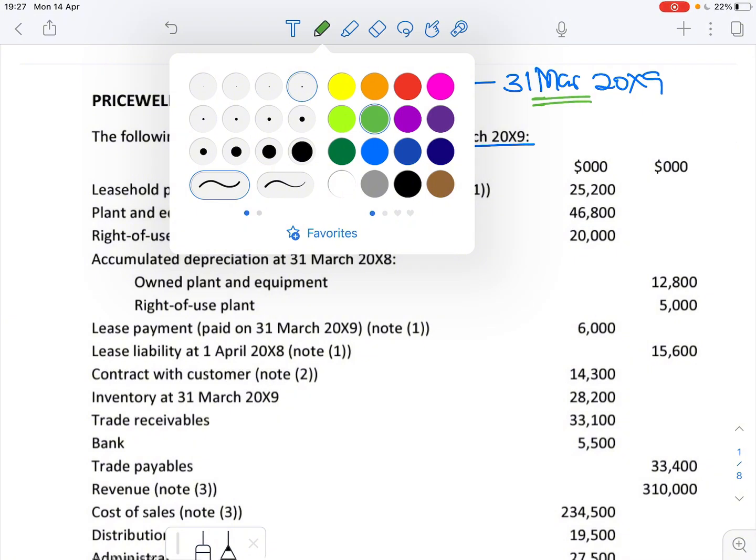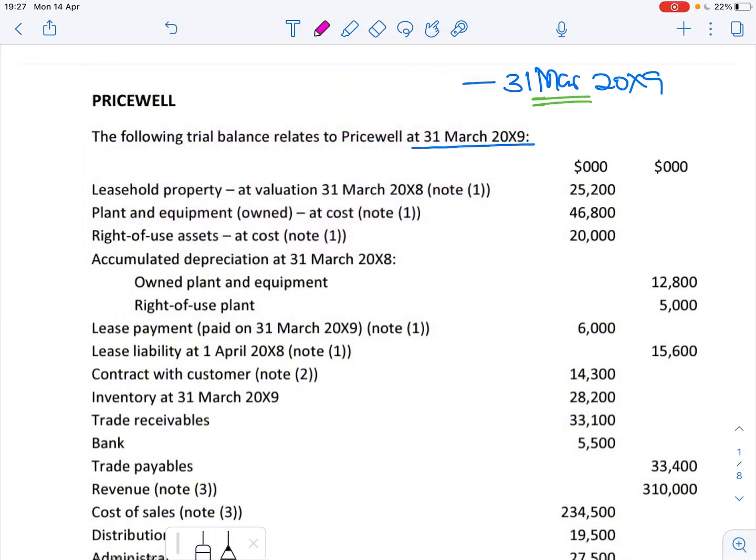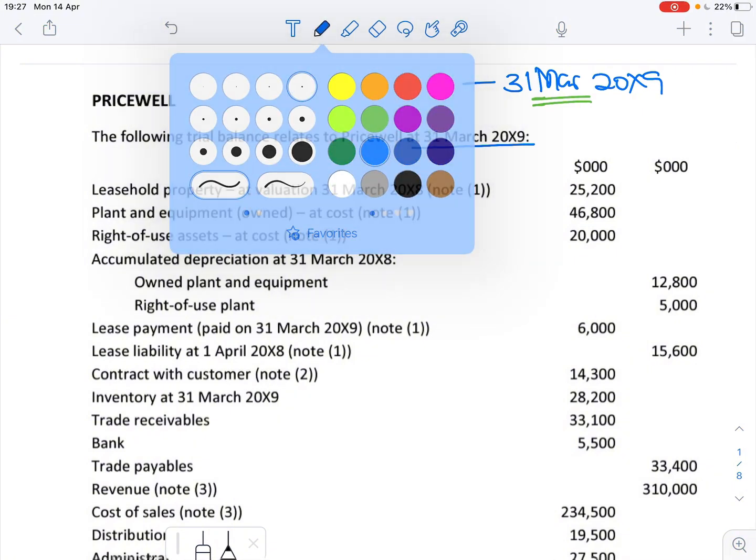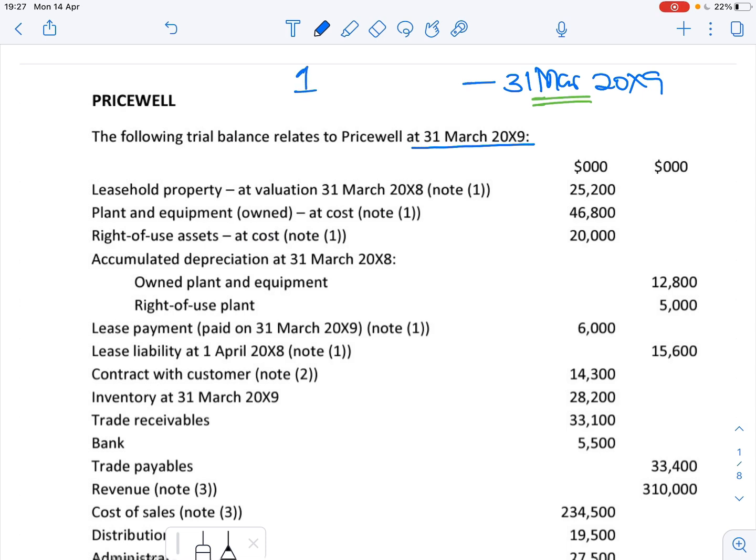Of course, the month is going to be the month of April. So now it means this period must have started on 1st April. And then for the year, if 20x9 is there, so you are going to have 20x8 here.